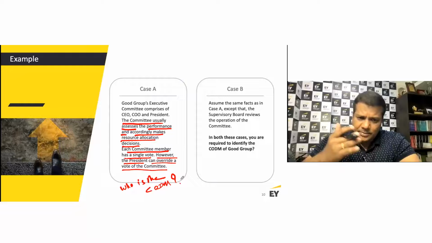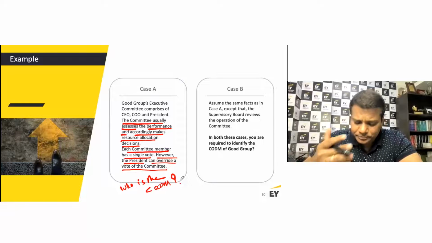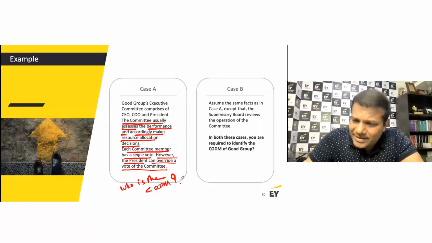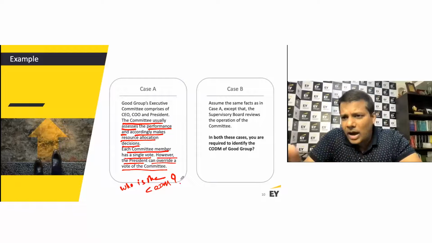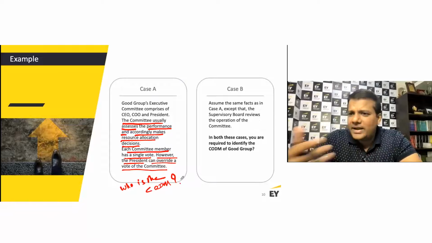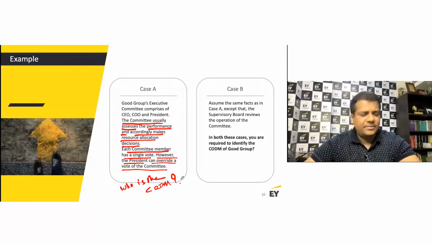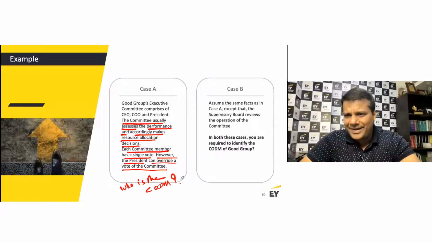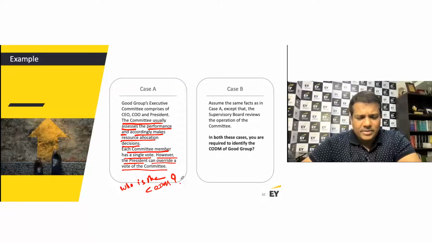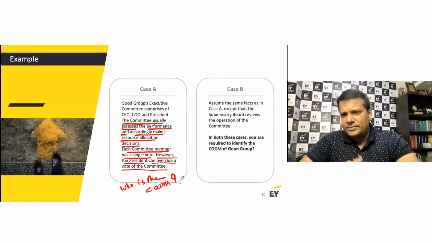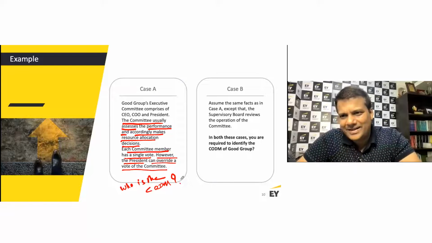Similarly, in case B also, it's the president who is the CODM, because the supervisory board is not empowered to override the decisions of the president. Of course, the supervisory board can make recommendations or give guidance to the president, but it's the president whose neck is on the line, as we call it.